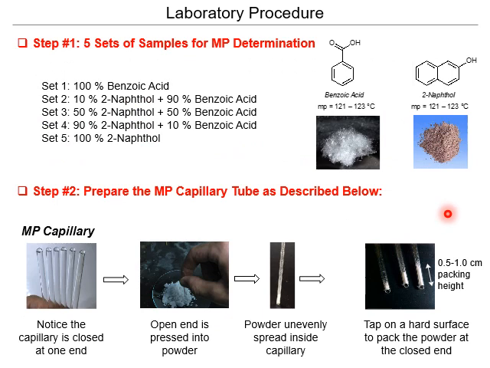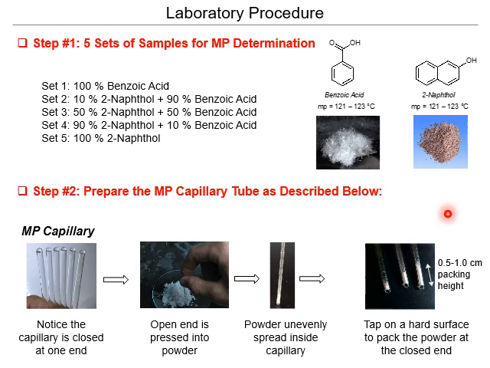So, what about the procedure of your experiment? For this semester your class is online, so you don't need to do any experiment, but you need to be familiar with the procedure. At first, you need to prepare different mixtures of benzoic acid and 2-naphthol.